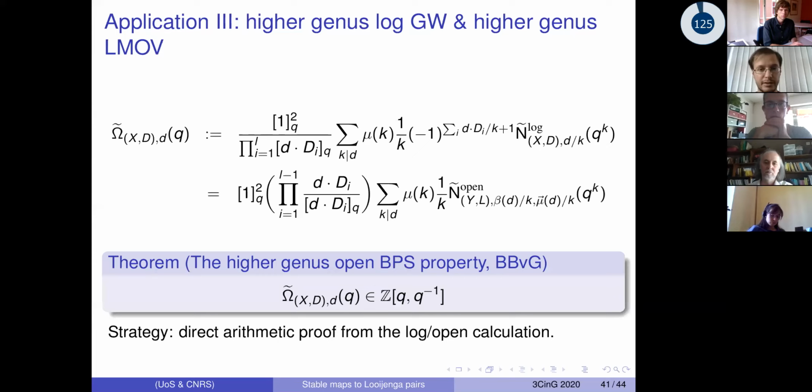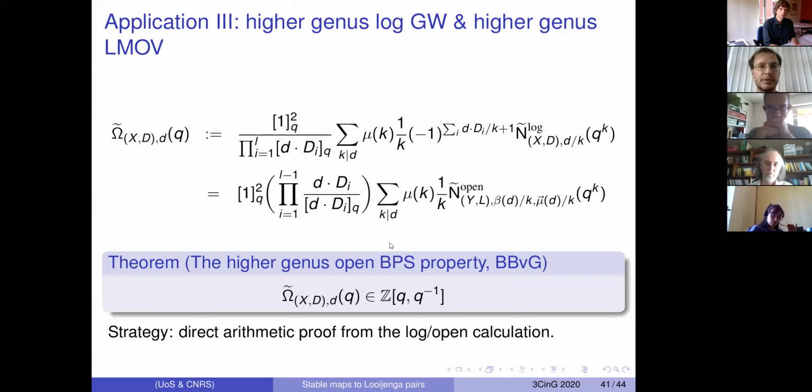And conjecturally, we would expect these higher genus open BPS partition functions to be integral Laurent polynomials, which is entirely non-obvious from the form of either the log or the open generating functions.